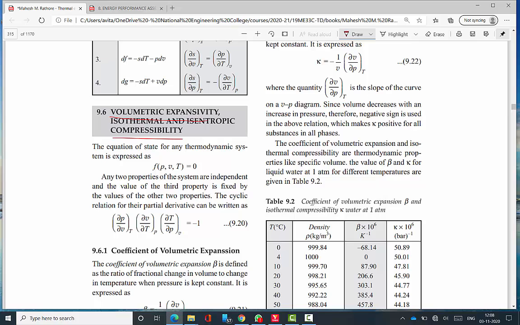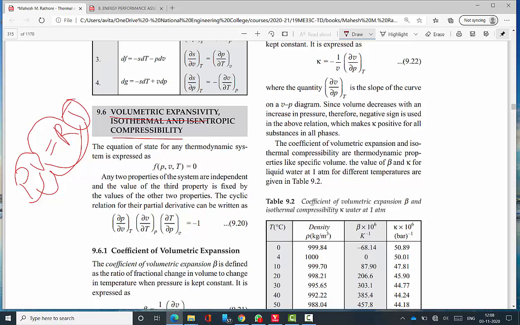For example, the gas equation is PV equal to RT, where temperature is a function of P and V, pressure is a function of V and T, and volume is a function of P and T.